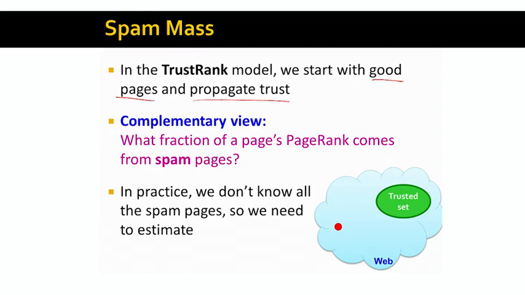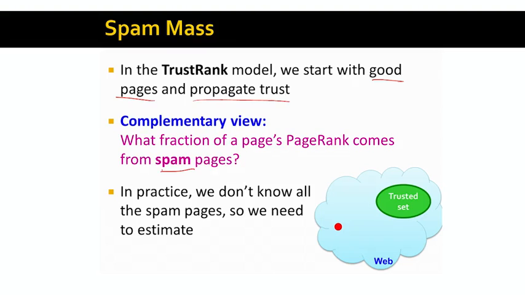Our goal will be to ask what fraction of PageRank comes from the spam pages. So we would not ask what is your proximity to the trusted part of the web, but rather estimate what fraction of the PageRank score of a given page comes from spam. In practice, we don't know the answer to this question, so we need to estimate it.